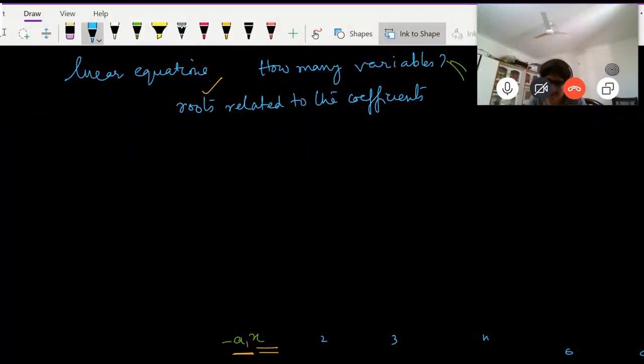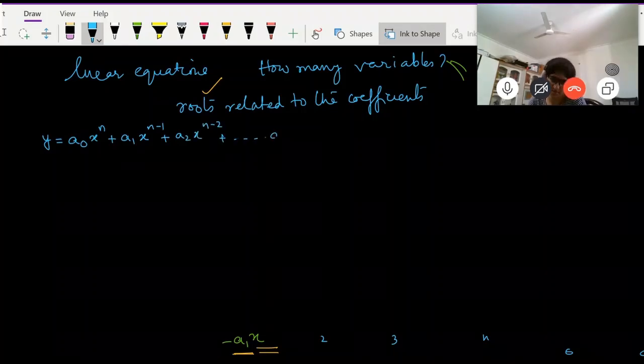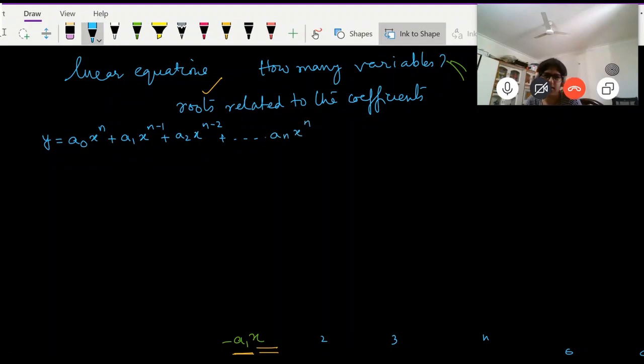Okay, we had y equal to a0 x to the power n plus a1 x to the power n minus 1 plus a2 x to the power n minus 2 all the way up to an, right? This is what we had.